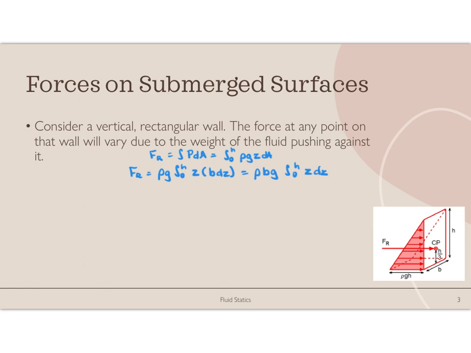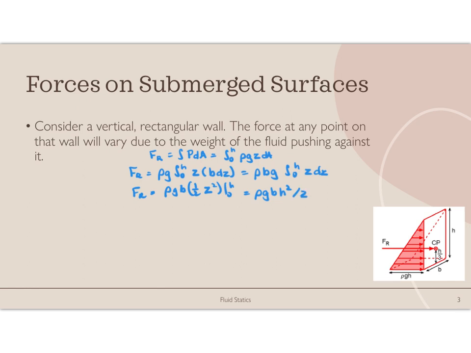Integrate that. Rho g b, 1/2 z squared from 0 to h, and so rho g b h squared all over 2.